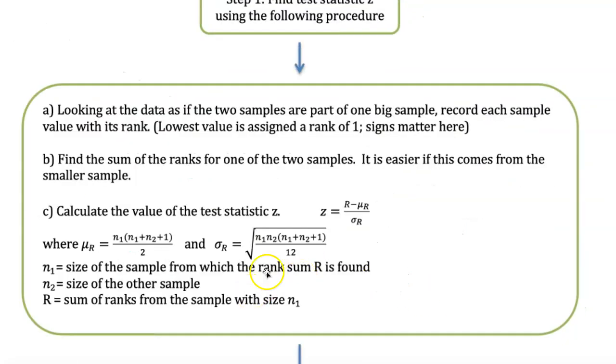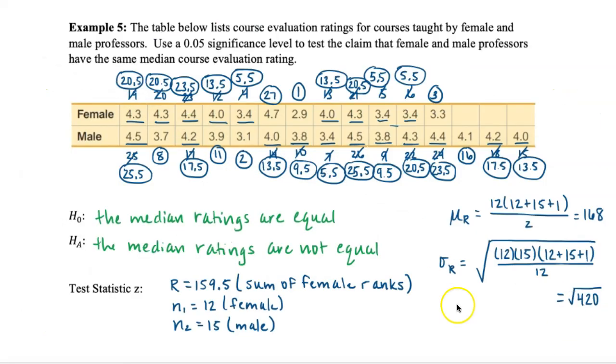All right, and finally, I can plug these values that I just found in to get my z-test statistic. And so my z-test statistic is going to be R, which is 159.5, minus my mean of ranks, so minus 168, divided by the square root of 420, so my standard deviation of ranks.